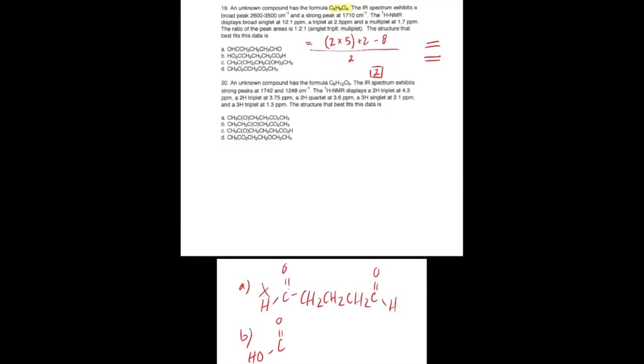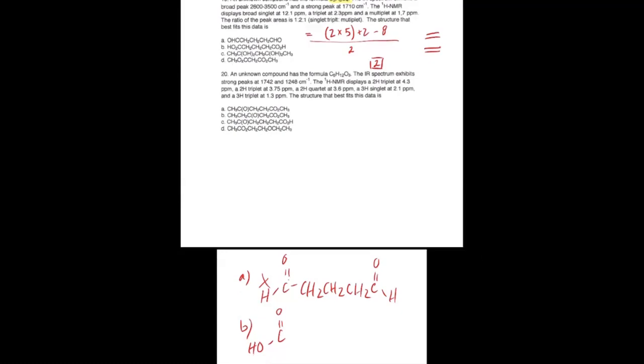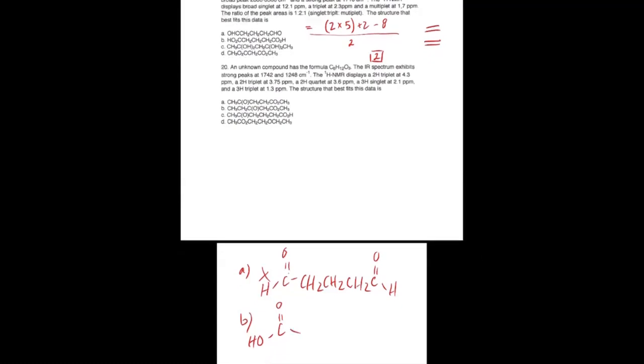If we look at our question, it does say the proton NMR displays a broad singlet at 12.1 ppm. So right away when you see that, that's a carboxylic acid. And we have four oxygens to account for, so that's a high chance. So let's continue on with drawing that molecule, keeping that in mind.